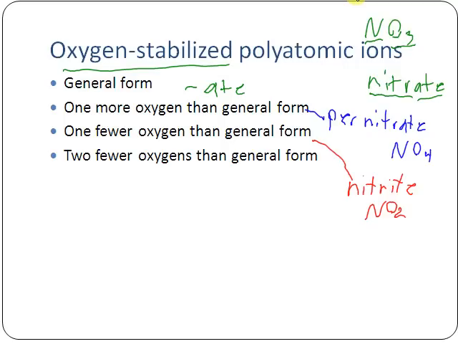So one fewer oxygen than the general form is nitrite. Now, similarly, if it loses 2 oxygens from the general form, that's number 24 on your nomenclature guide. It says if it contains 2 fewer oxygens than the "ate" form, or 1 fewer than the "ite" form we just talked about, it gains a prefix of hypo in front of the previous one. So this would be hyponitrite.